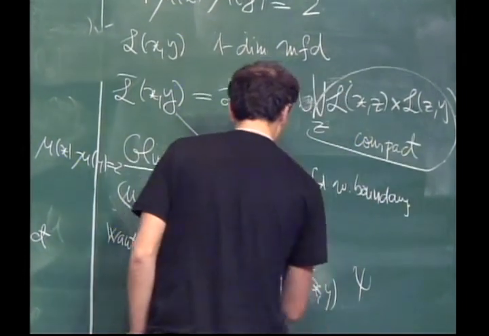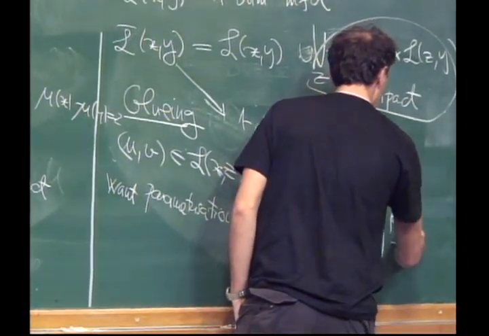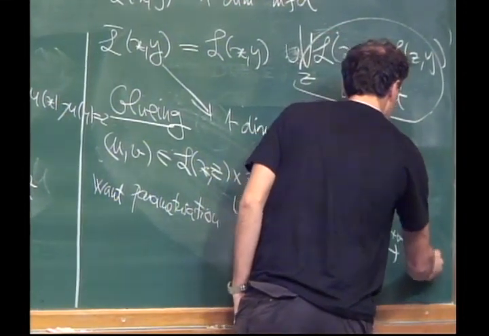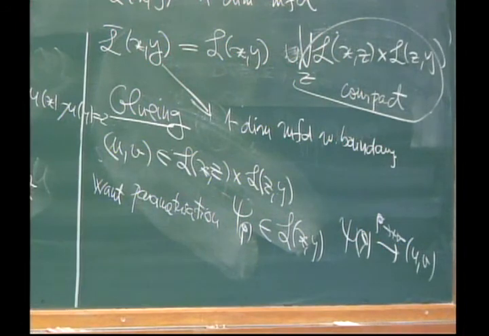Psi of rho goes, when rho goes to plus infinity, to uv with this topology. So this is the last step. There were three main steps: transversality, compactness, and boundary structure, or gluing. So this is the last step of the construction.